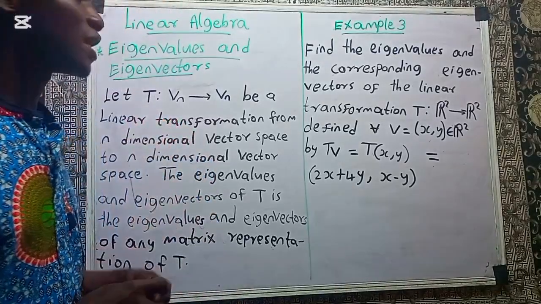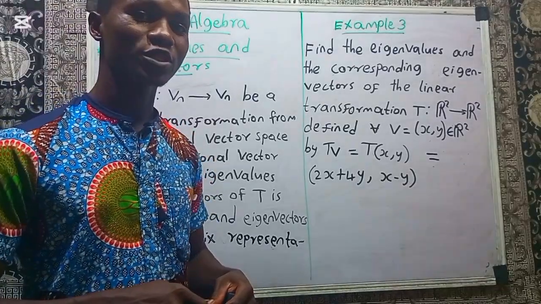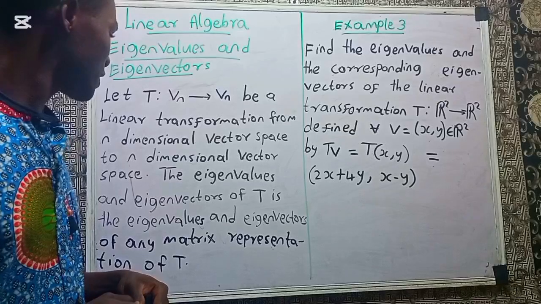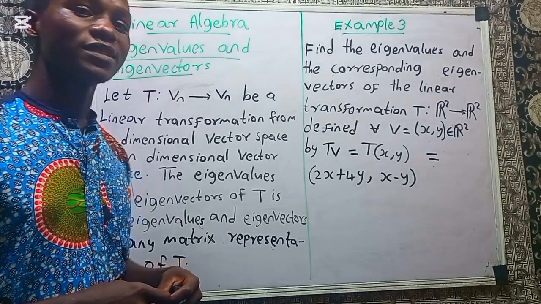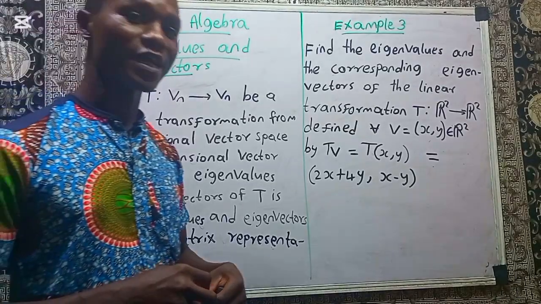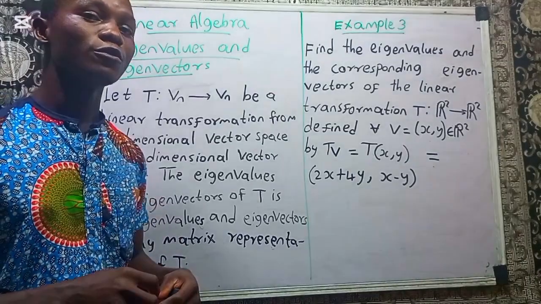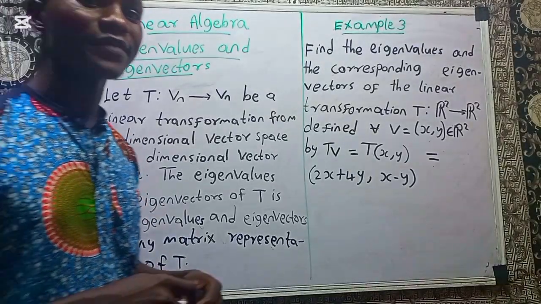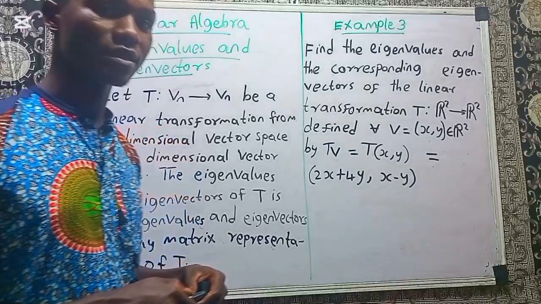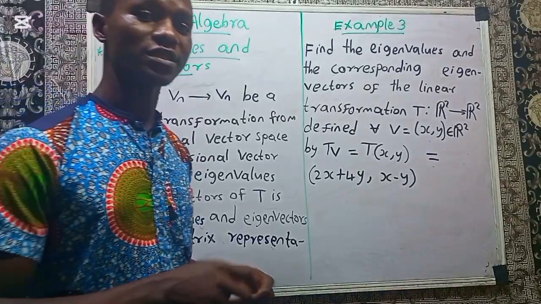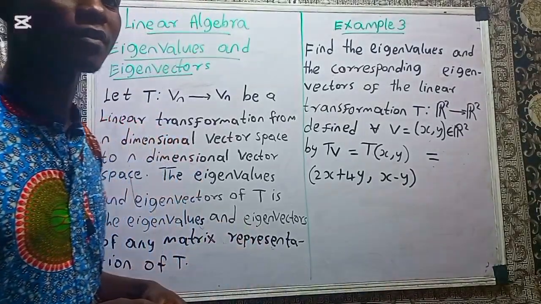So let T be a linear transformation from n-dimensional vector space to n-dimensional vector space. Now we say that the eigenvalues and eigenvectors of this linear transformation T will be the eigenvalues and eigenvectors of any matrix representation of this linear transformation.